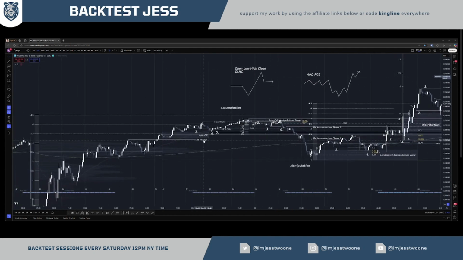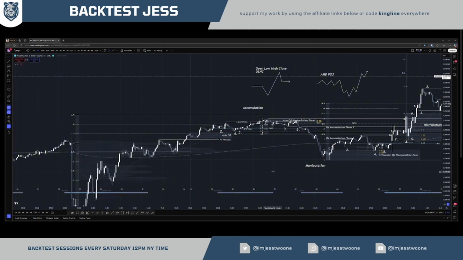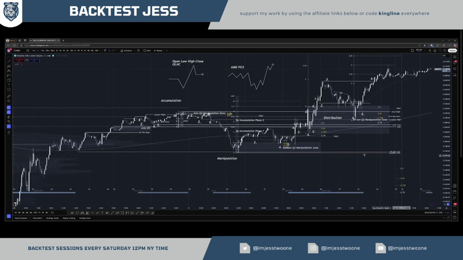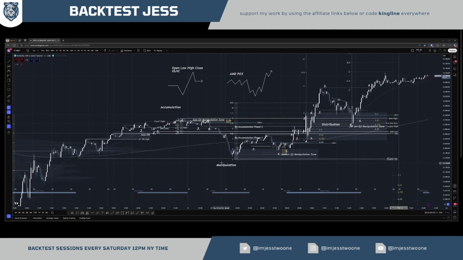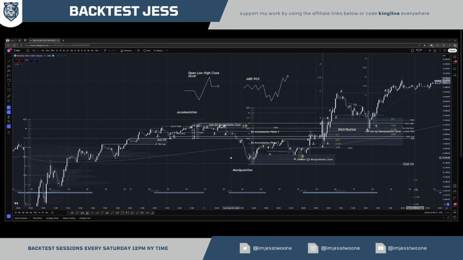So we've got our New York PM high here and New York PM low, which we can see by having the New York PM low on the chart. That became our point of interest around that POC, and price came back and swept that, and that was our reversal zone as well for the day.